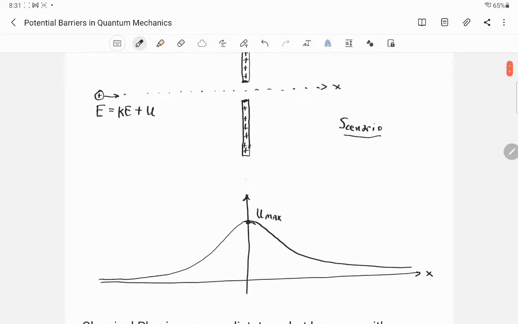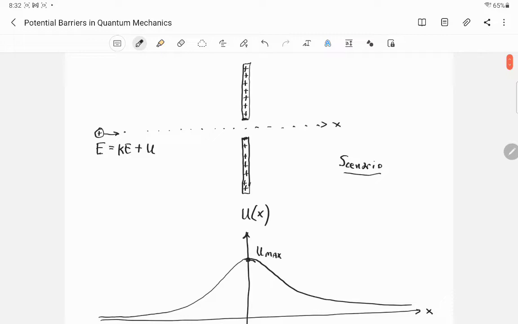So what I've done is draw a rough sketch of the potential energy of the interaction between this moving charged particle and the charged plates with a hole. Because of the repulsion, the potential energy is going to increase bigger and bigger as you get towards the middle, where it has some large value, and then the potential energy decreases on the other side.